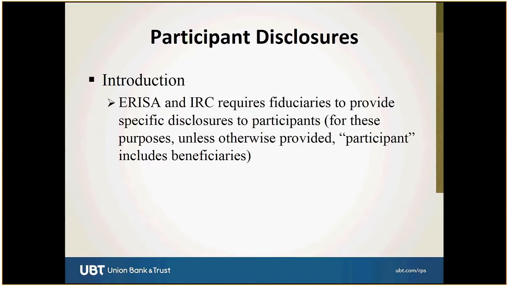Disclosures. This is, again, the information that the plan sponsor is required to provide to participants. And for these purposes, anytime I use the word participant, I mean anybody with an account balance, including beneficiaries and alternate payees under a qualified domestic relations order, as well as participants who are eligible for the plan but don't have an account balance under the plan.